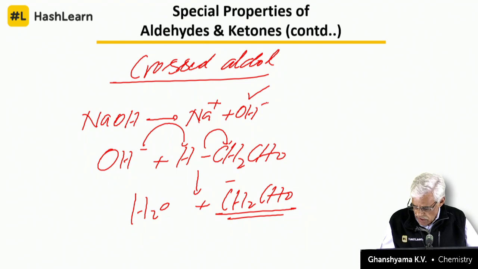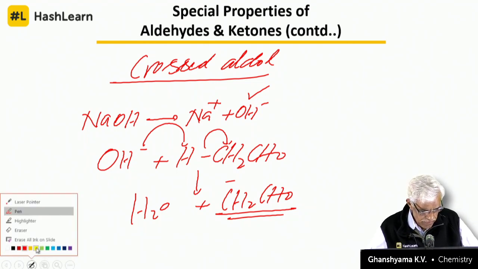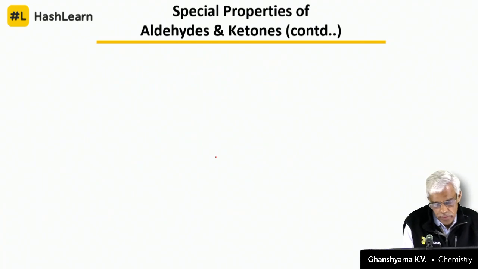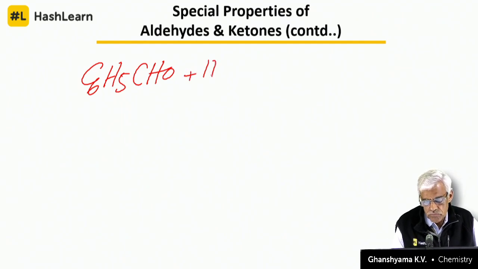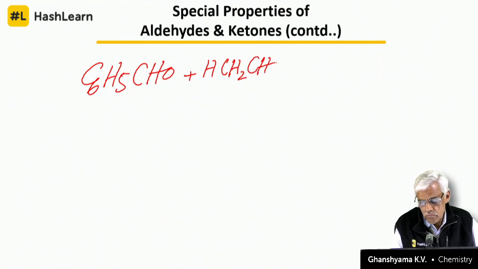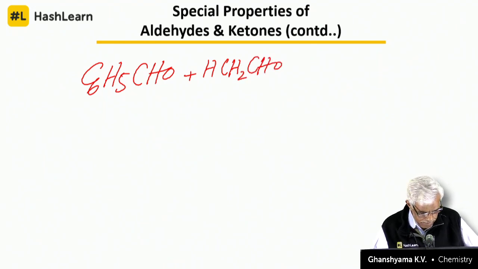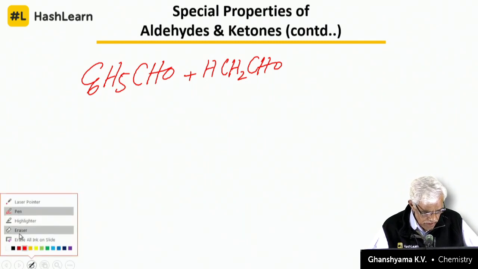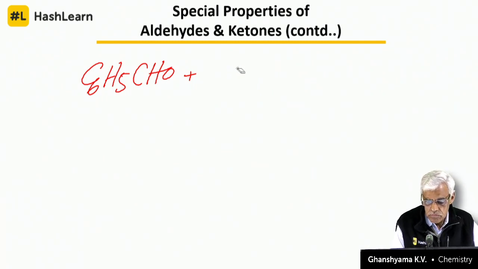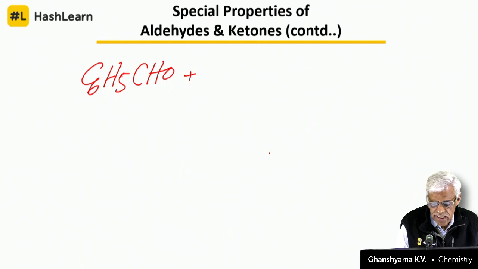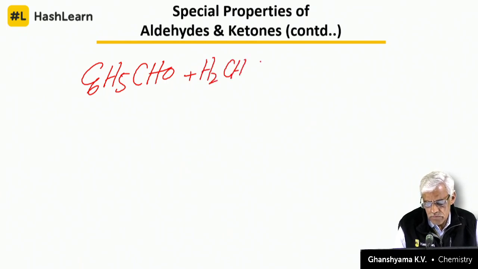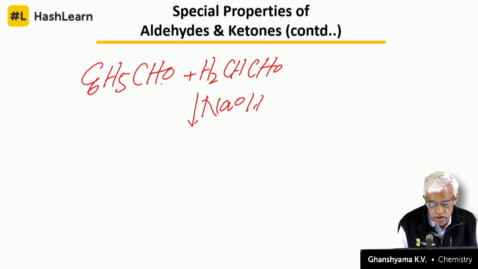Okay. Then coming to crossed Aldol condensation, crossed one. Suppose you have C6H5CHO plus CH3CHO in presence of dilute NaOH, H2O will be lost.